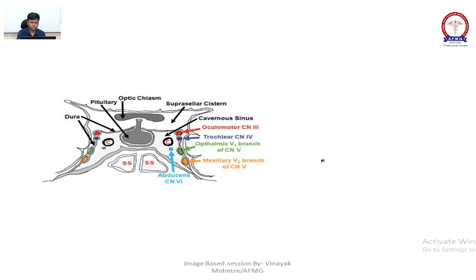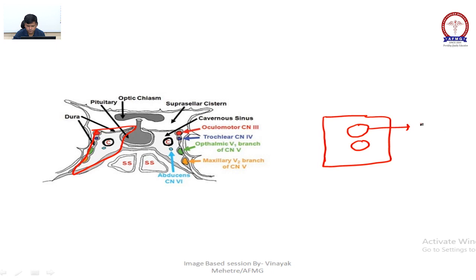Now cavernous sinus. See, there are two cavernous sinuses, right? This one is one, then this one is second. Okay, now I will draw one cavernous sinus, just a line diagram. In the middle you will see two structures. One is your ICA, internal carotid artery, right?